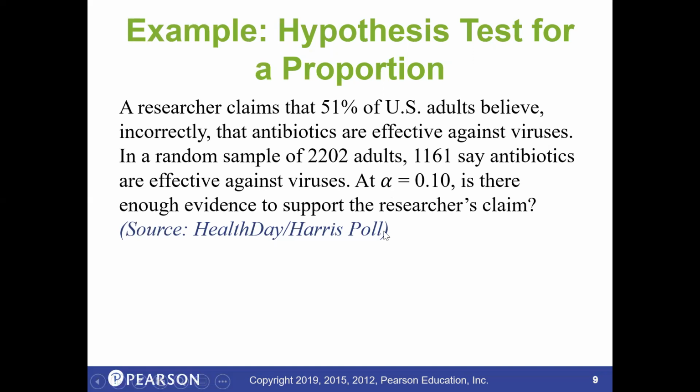Okay, so the p-value is not stated. We don't have a 0.45 anymore here. So in a random sample of 2,202 adults, 1,161 of them say antibiotics are effective against viruses. So at the alpha of 90%, is there enough evidence to support the researcher's claim?